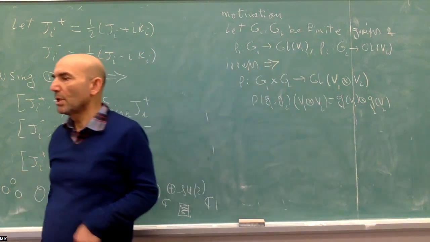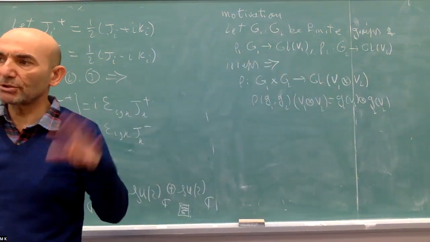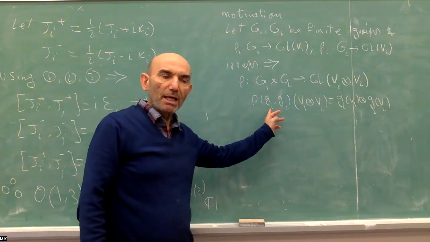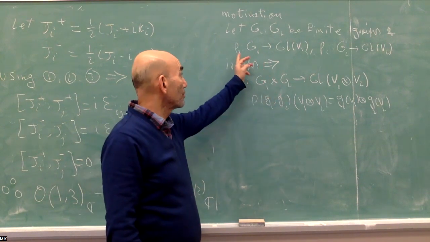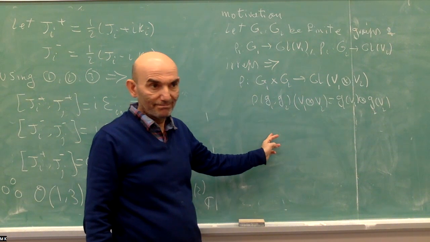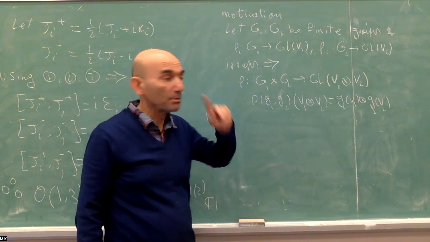Now this we know from finite dimensional representations, for example, of finite groups. And an amazing fact in this case is that if rho 1 and rho 2 are irreducible, then this is also irreducible over complex numbers.